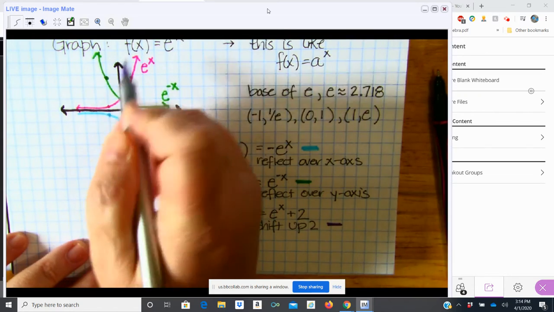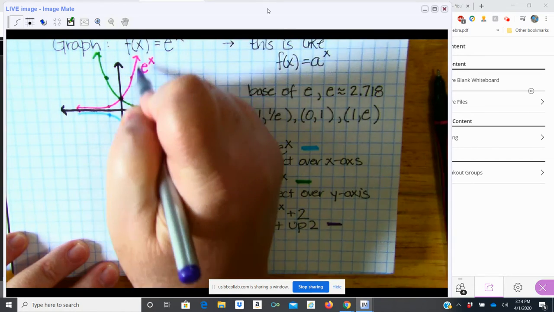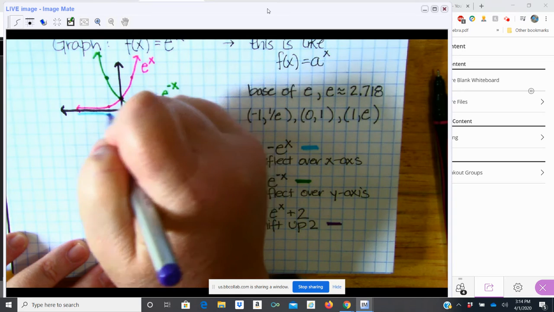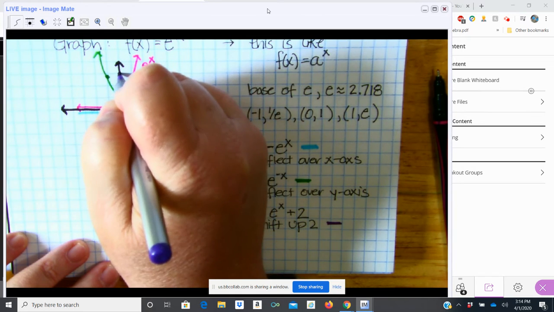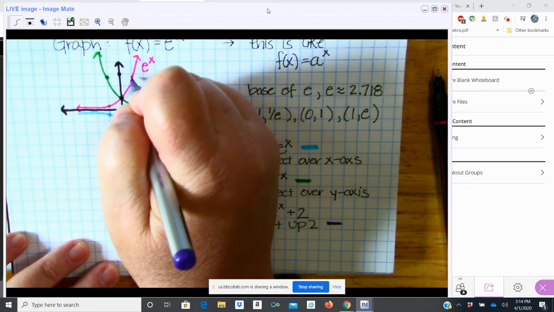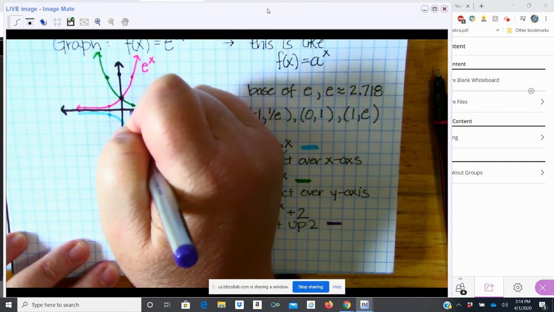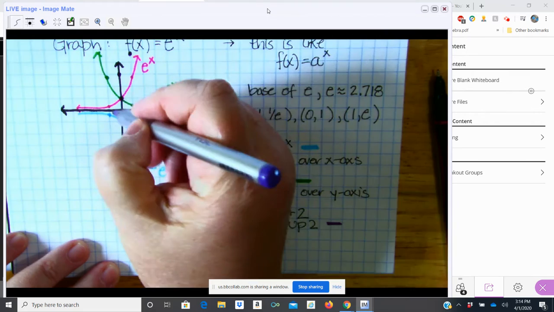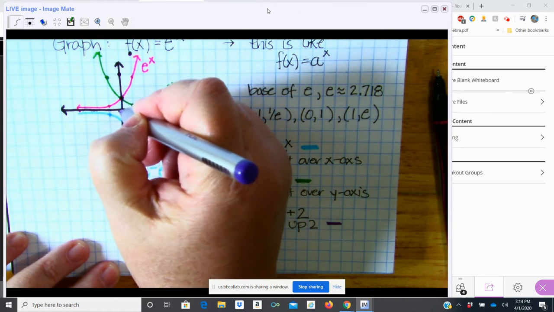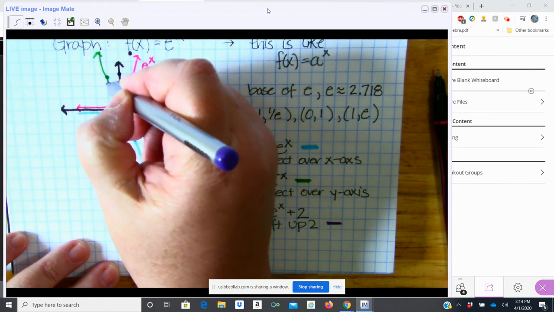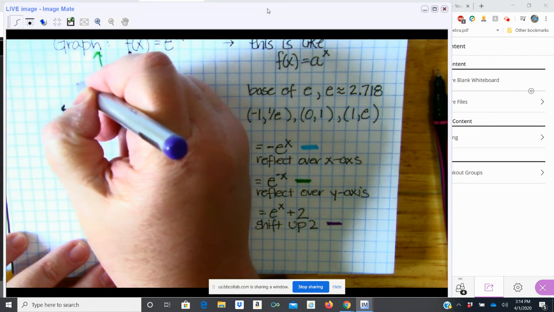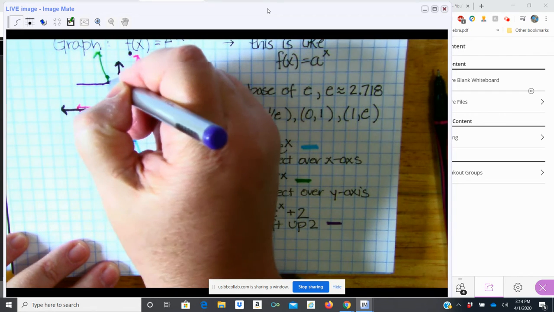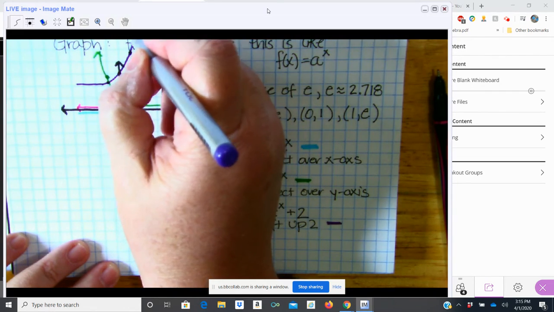So all of these points would just get shifted up 2. So instead of 0, 1, it's going to be 0, 3. Instead of 1, 2.718, it's going to be 1, 4.718. And instead of a -1, 1/3, it's going to be a -1, 2 1/3. Note that this also shifts your asymptote.